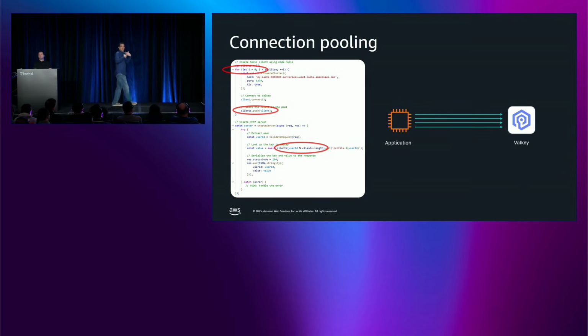And whenever I want to use a connection, I need to pick one. In my case, if you'll notice here, I've done a modulo over the user ID just to load balance between these connections. But you can do randomization as well. You can do round robin. You can modulo over something else that makes sense for your application.